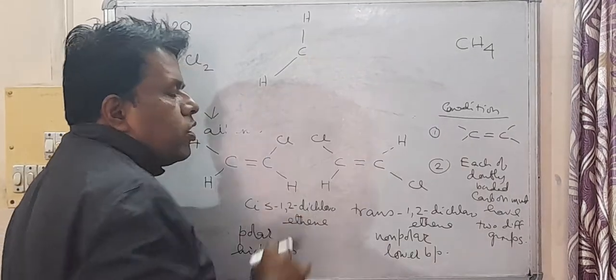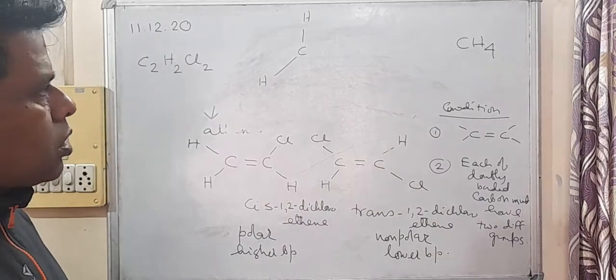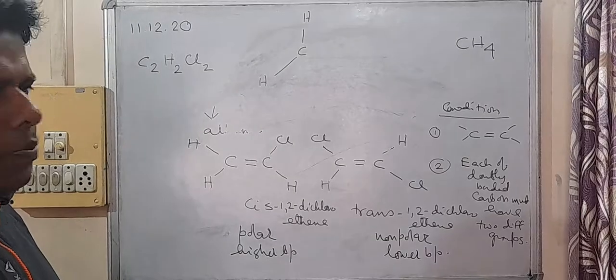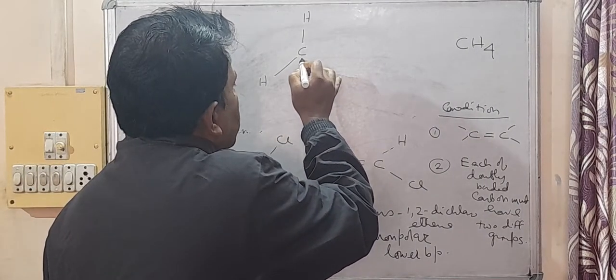And you know it is three dimensional, so we can represent the three dimensional nature with the help of dash and wedge representation. Say here we have this one.